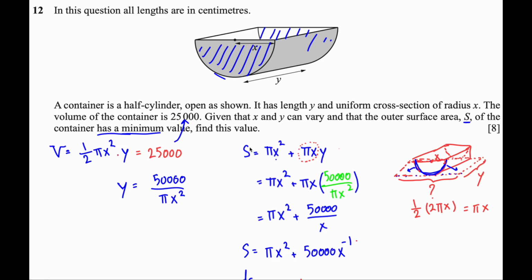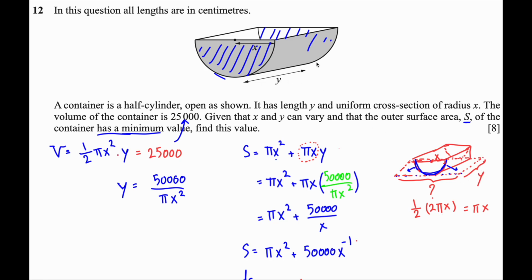On the other hand, we have to take care of the outer surface area. However, be careful, the outer surface area consists of two flat surfaces, one in front, the other at the back, and they are identical, and together they complete a full circle. Therefore, I wrote here pi x squared. And then we have a curved surface, which, if you unfold it, you get a rectangle, and the width of it is still y.